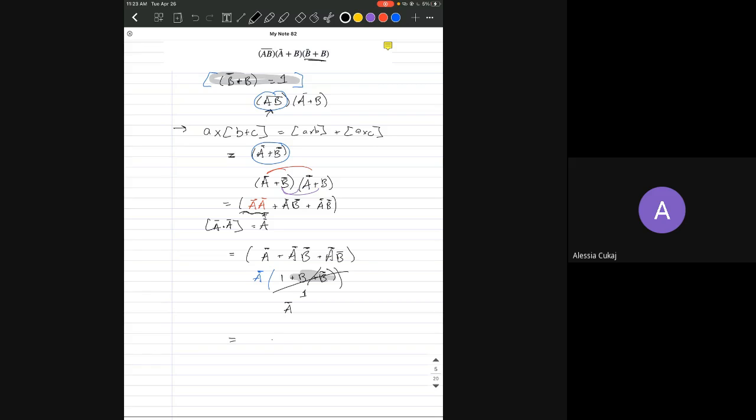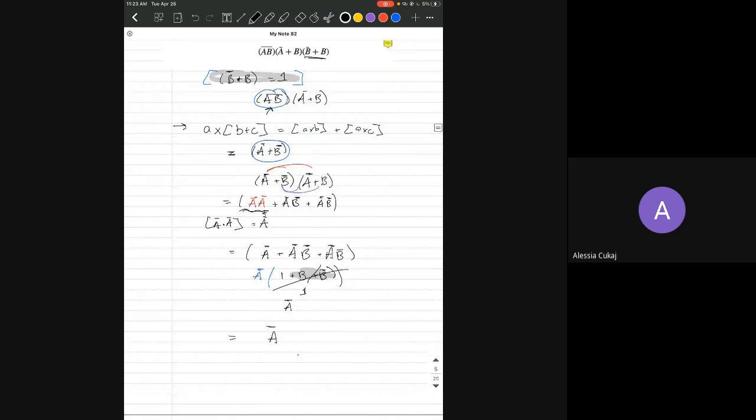So the final simplified solution of this entire expression is a naught. You know you got it correctly because you really couldn't simplify it any further. If you're left with something like a naught plus a naught, you know you can go simpler.